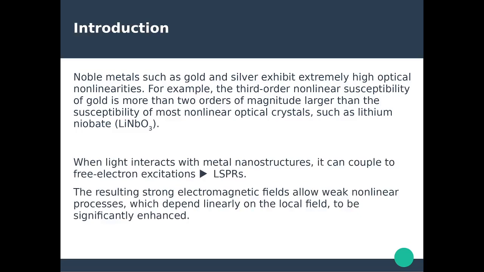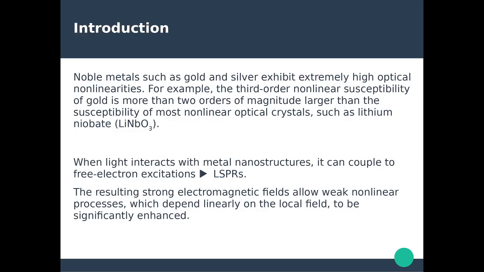So typically, when you excite a metal with optical excitations, you couple light with the free electrons from the conduction band, and you generate those localized surface plasmon resonances. And this is what we've been doing for the past several weeks now.